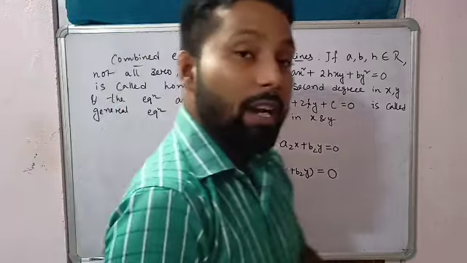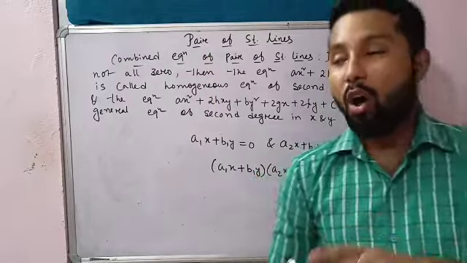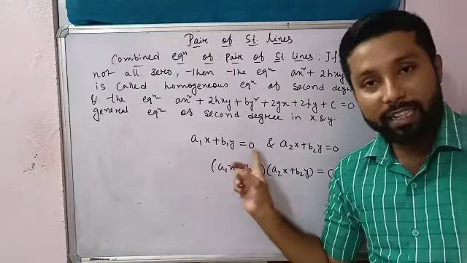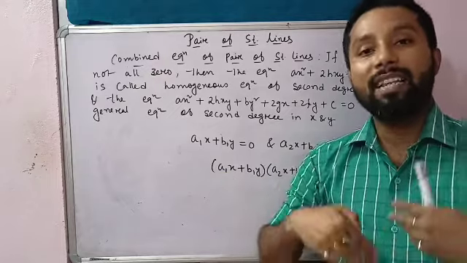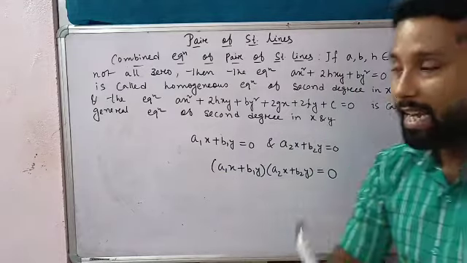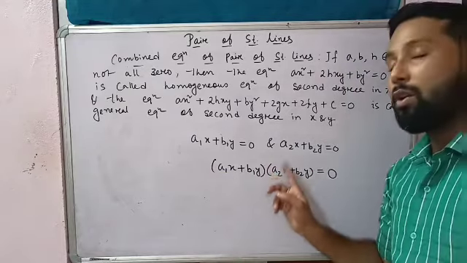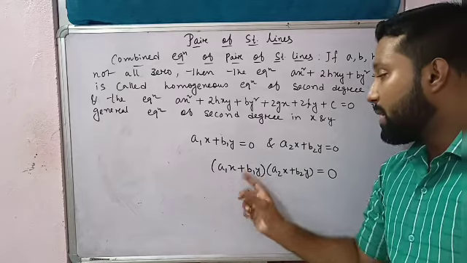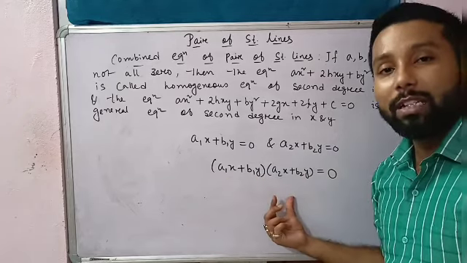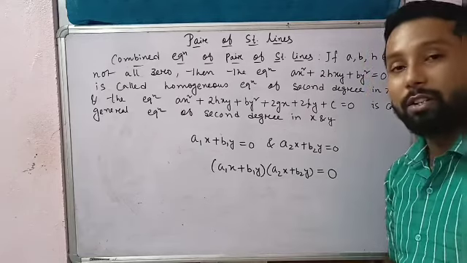Multiply these two equations, that's it: a1x plus b1y whole into a2x plus b2y, this is equal to 0.